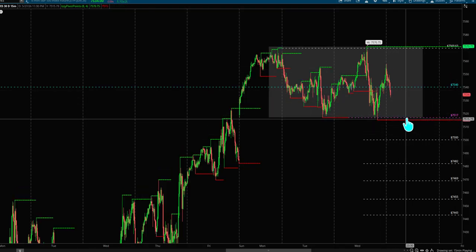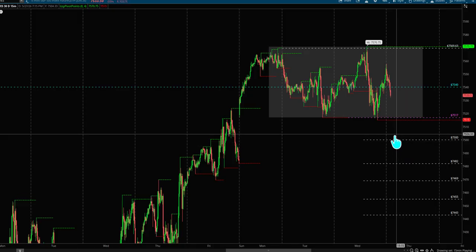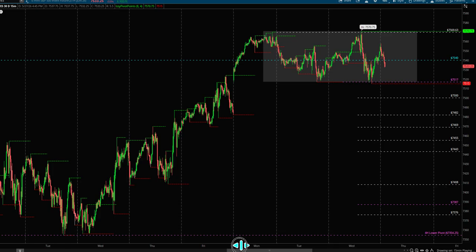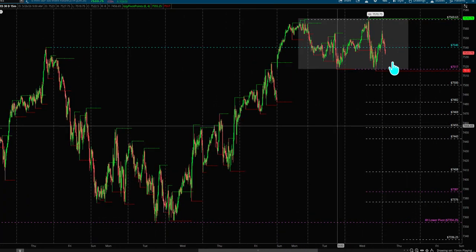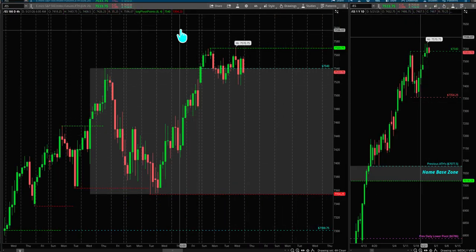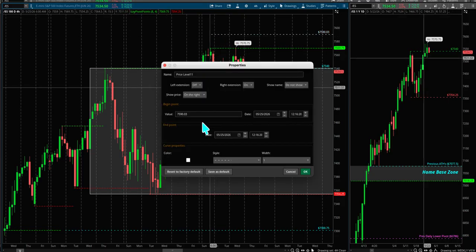The only time I'm looking to avoid longs is if we break Wednesday's low and actually maintain underneath it. I'm going to be cautious. I'm going to avoid longs because under 75.15, it just places the market to trade back inside of this 4-hour range.